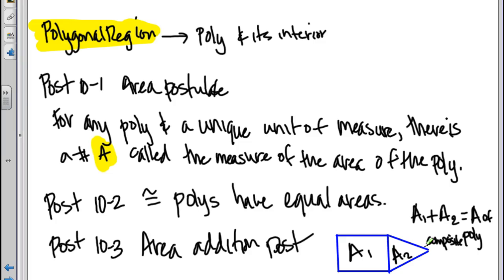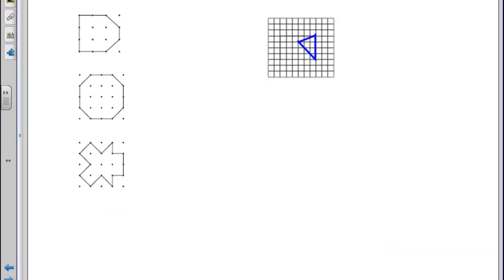So the area addition postulate says the area of a given polygon equals the sum of the areas of the non-overlapping polygons that form the given polygon. All right, so that means this rectangle, the area of that one, plus the area of this triangle, add them together, you got the area of this little arrow-looking house thing. All right, let's keep going.